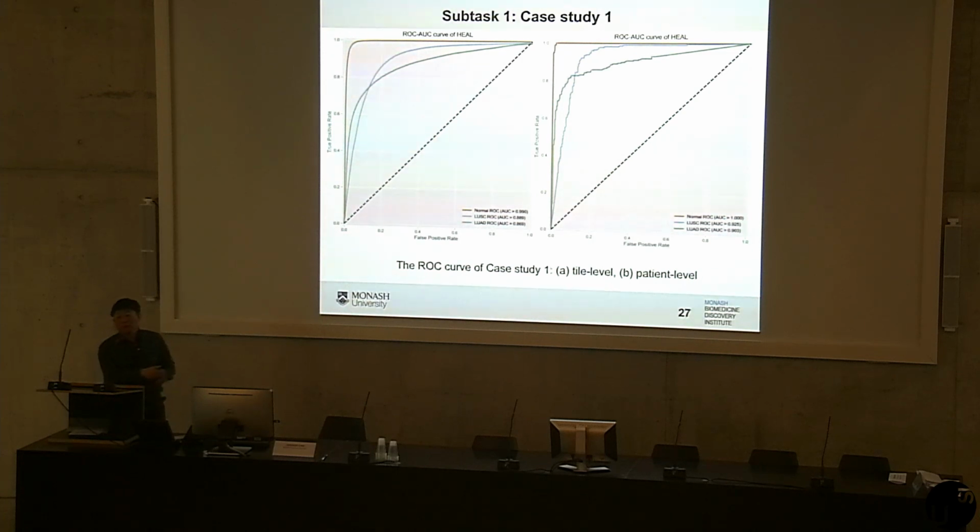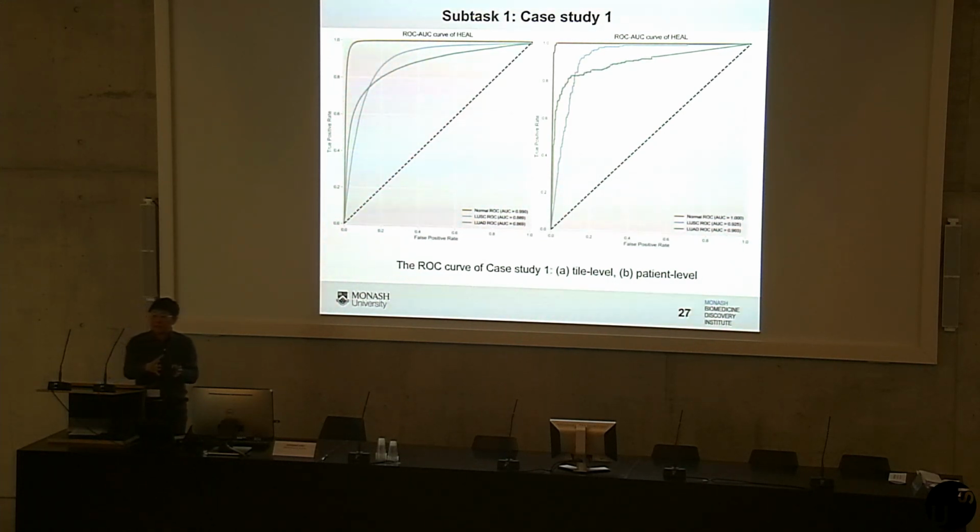The tile level means that in order to train the deep learning model, you cannot input the whole image into the deep learning. You have to use a sliding window to cut it into pieces in order to generate a large amount of samples that can be learned by the deep learning model. So that's the tiling. And so the performance can be assessed at both levels, tile level and patient level.